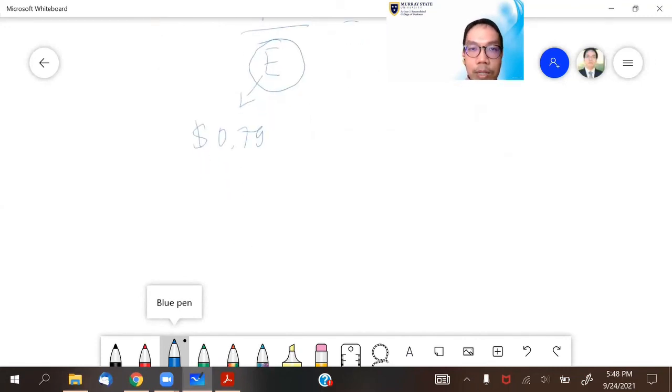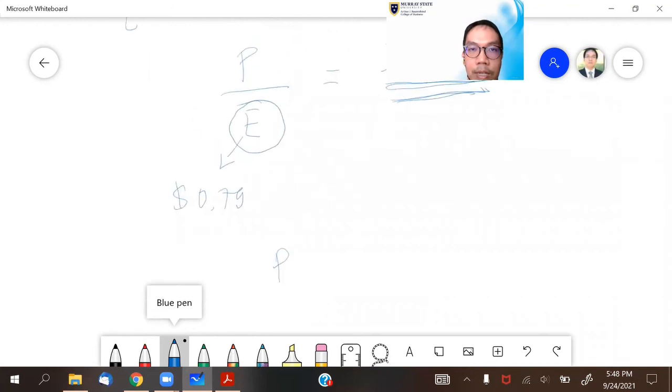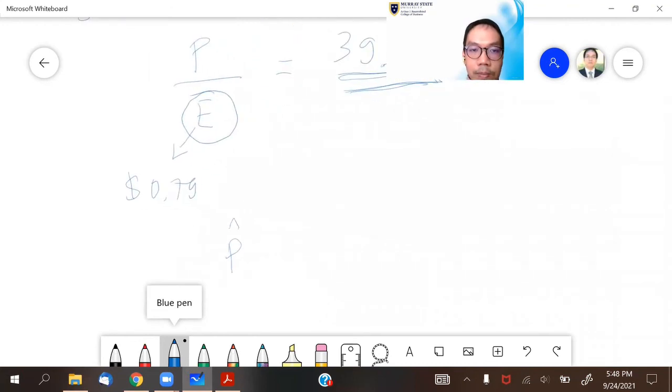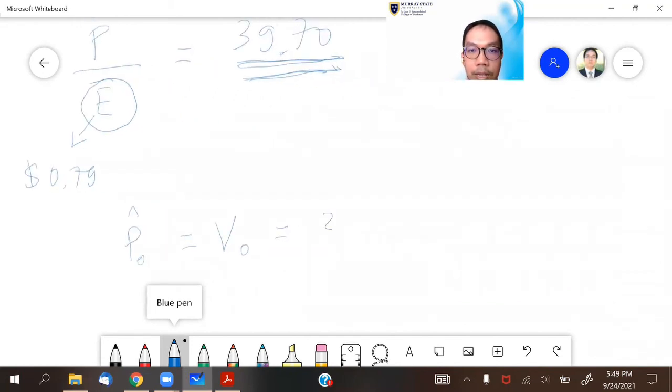So mathematically, you can imagine, the price estimate or the value estimate should equal 39.70 multiplied by 79 cents, right?